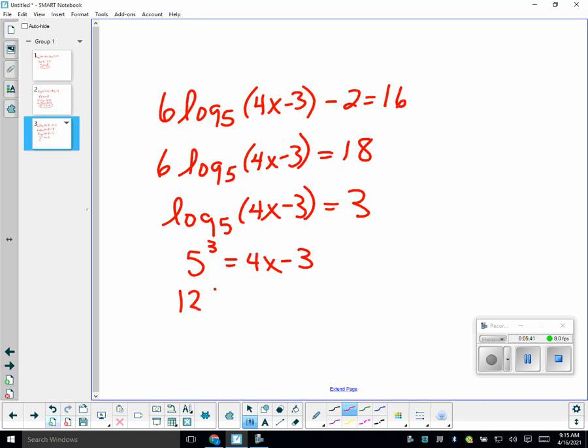So 125 equals 4x minus 3. 128 is 4x. What is x? 32. Now, will that work? When I put 32 here, am I going to get a positive number? So this is my answer. You good with that?